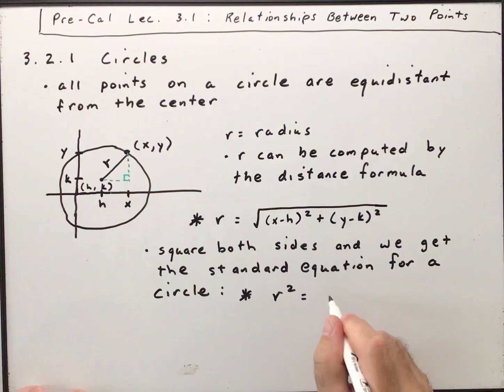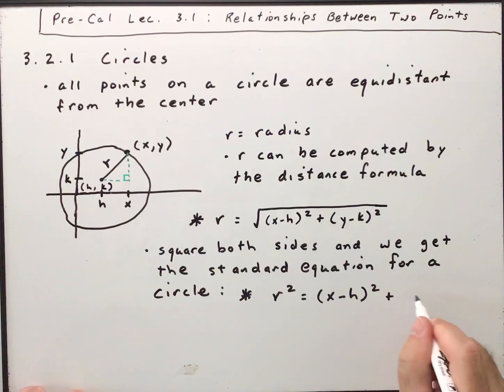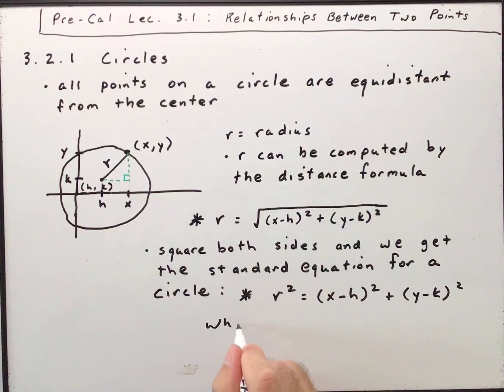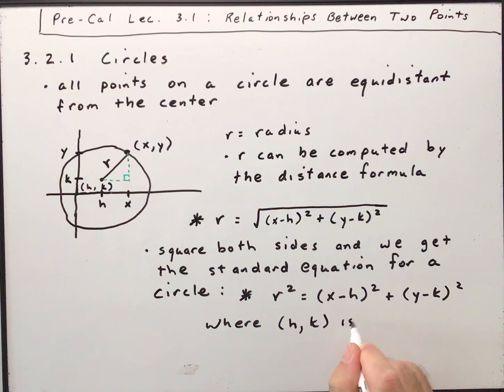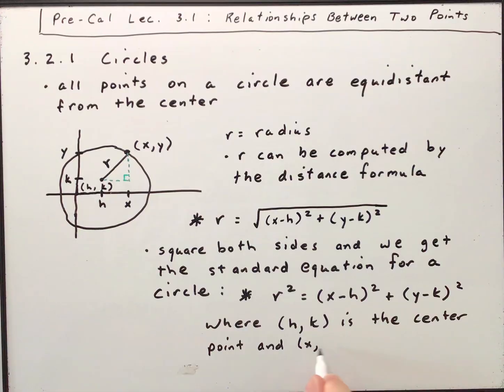R squared is equal to X minus H all squared plus Y minus K all squared, where the point HK is the center and XY is a point on the circle.